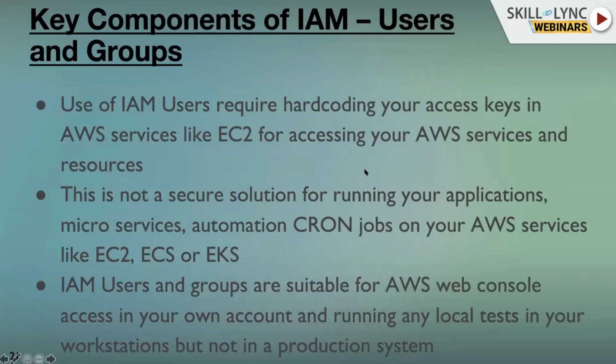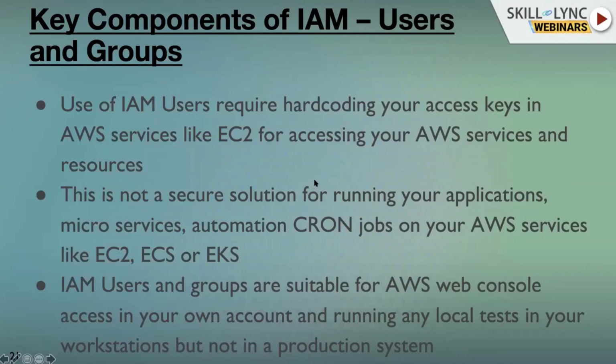A couple of observations here for an IAM user and group. From a security perspective, I wouldn't say vulnerability, but there is a big security concern. If I run any automation in the cloud, in any EC2 instance or any Kubernetes or container environment, I have to hard code the access key and the secret key, which is bad.